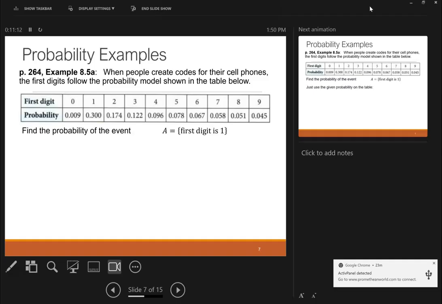All right. Find the probability that the first digit is 1. 0.3. Not 3. 3 is an insane person's answer, right? Well, you don't have to write it as over 1. You can just write it as 0.3. That's fine. How else could you write it? 30%.